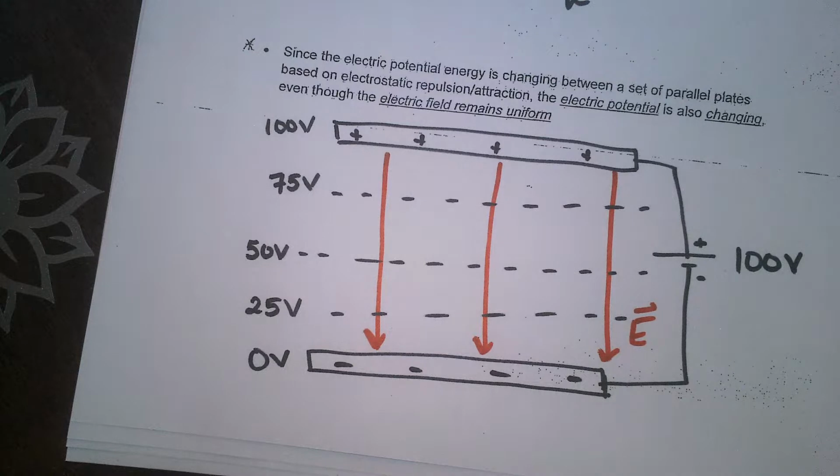It doesn't matter where that particle is inside of those two plates, the electric field strength is the same everywhere. But the potential difference changes because the potential energy is different throughout.